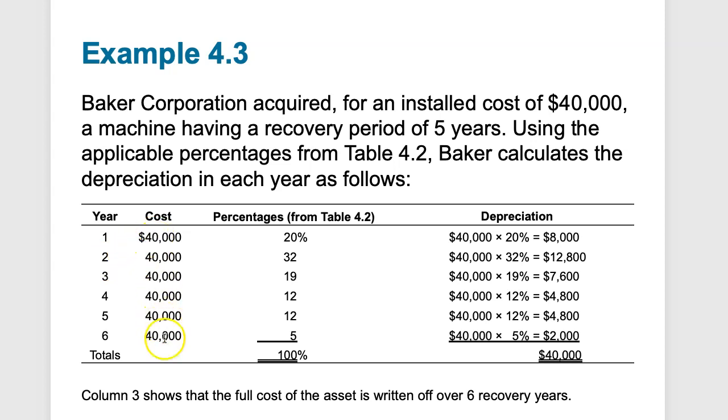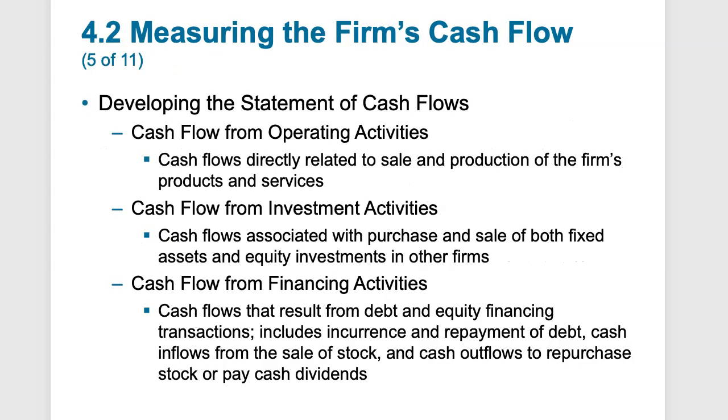It always stays at $40,000, and you multiply your percentage against that $40,000 each year, as you see here. $40,000 times each of the percentages. By the time in the last period, if you add all your depreciations together, you get the full cost of the asset. And each year, this is going to be a deduction from your income, reducing your taxes, increasing your profits. And that's why companies like to depreciate.